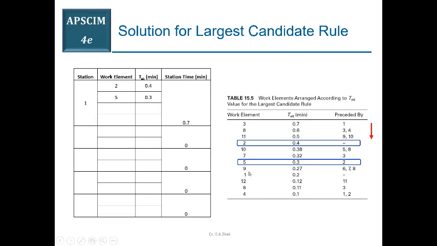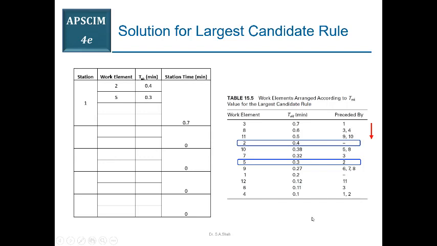If I look at the 9th, its predecessors are 6, 7 and 8, which have not yet been assigned, so we cannot assign this one. Next is operation number 1. There is a 0.2 minute slot. I can assign this and it has no predecessor. So this is the most feasible element within the list that I can assign to this particular station.